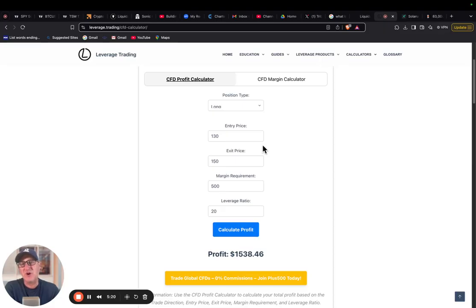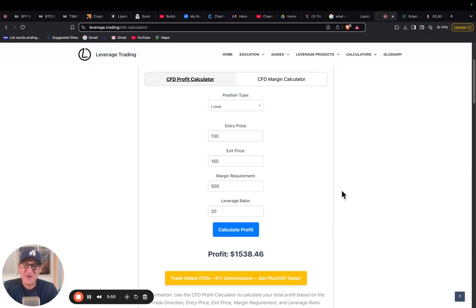So if we were to open up a position on Solana at about 130 and the exit price was 150, the profit there would be $1,538. Whereas if you just used your $500 for that position, you would only make about $76. And this is where leverage trading can really supersize your gains, but it can also supersize your losses.